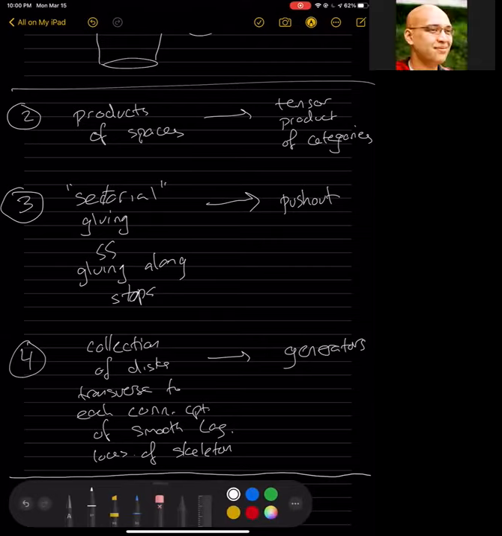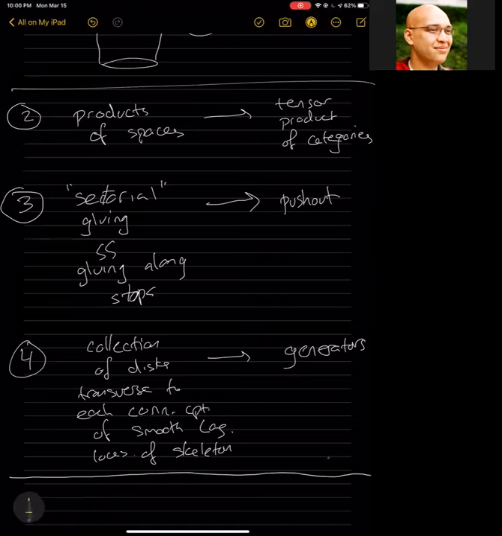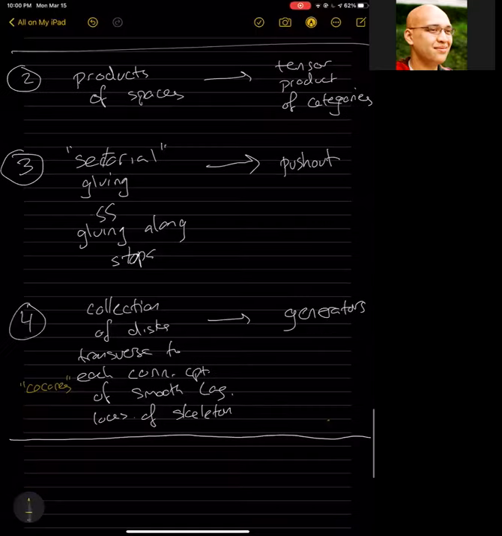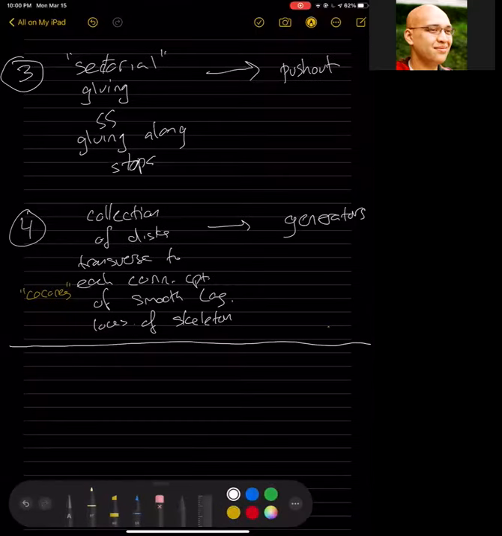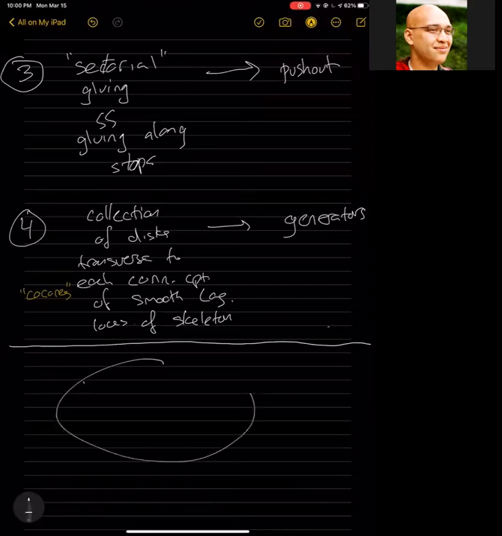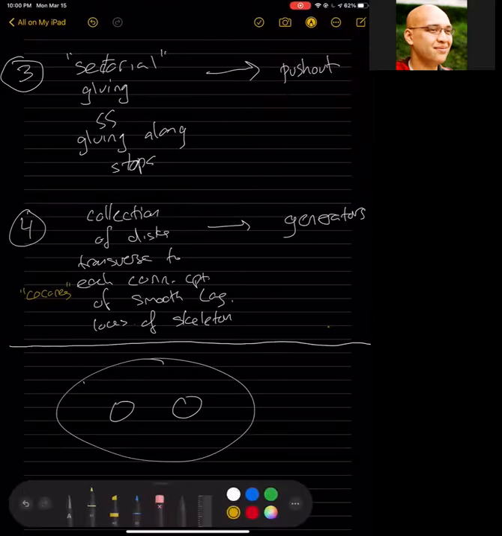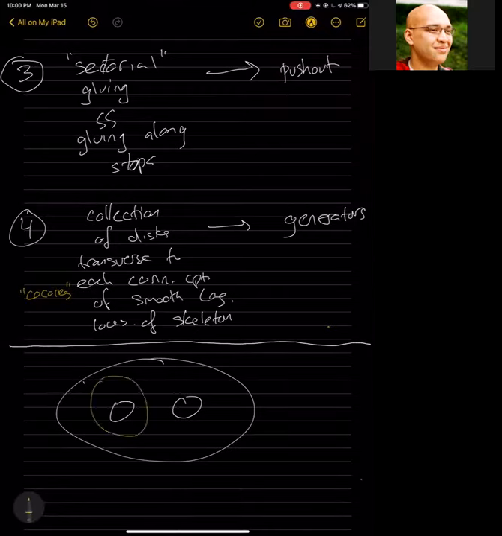That's right. I'll do one example of that. But just to say that people usually call these cocores. And then an example of number 4: if I have this surface, then you can work out that its skeleton, when you put an appropriate choice of symplectic form, maybe looks like this.